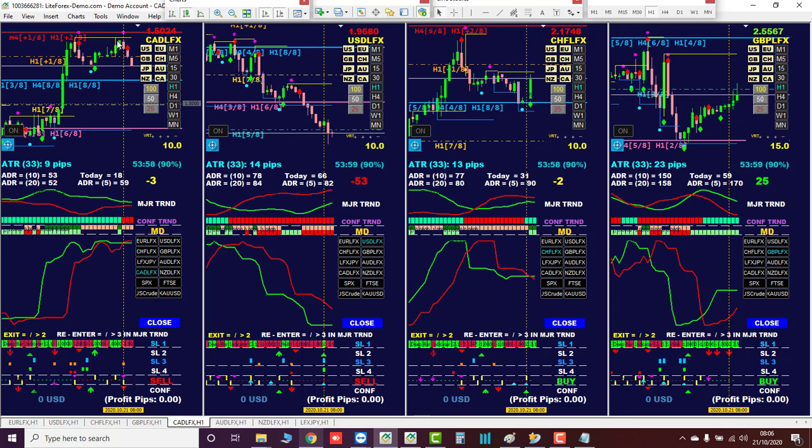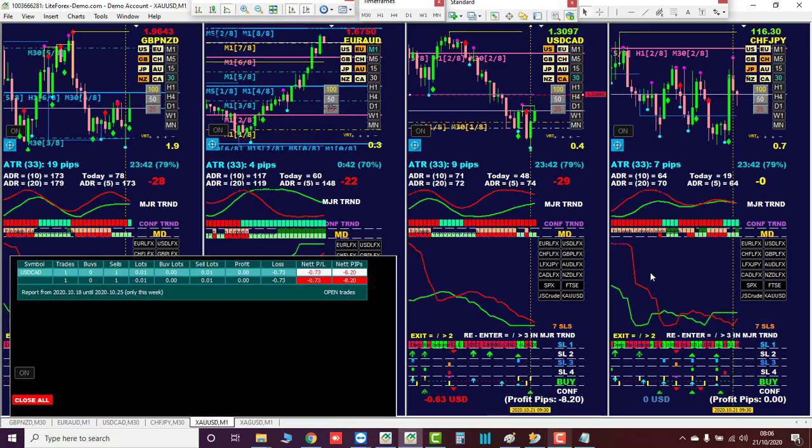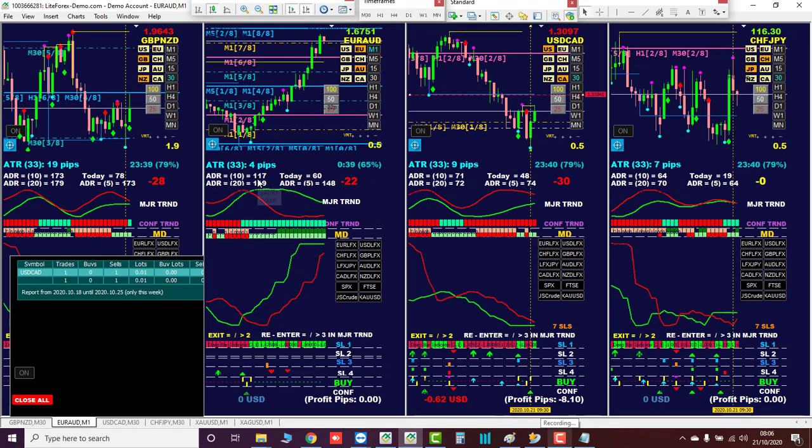To come out of the long position, we have one red, 2 reds, 3, 4, 5. So there's a higher chance I'm going to be taken out. Let's track and see how it's playing out.